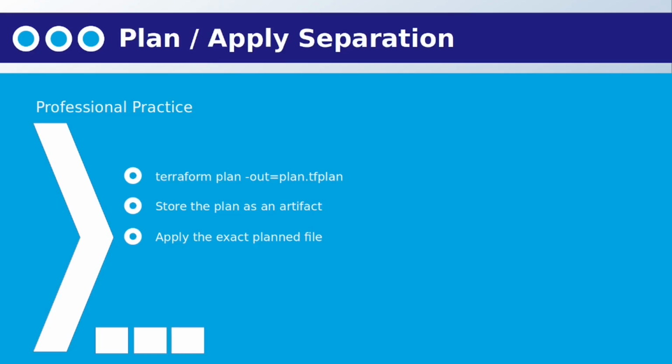The plan reviewed is exactly the plan applied. Without this, drift can happen. Maybe the state changed between plan and apply. Maybe someone modified code. This separation gives reproducibility, auditability, confidence. This is senior-level Terraform practice.